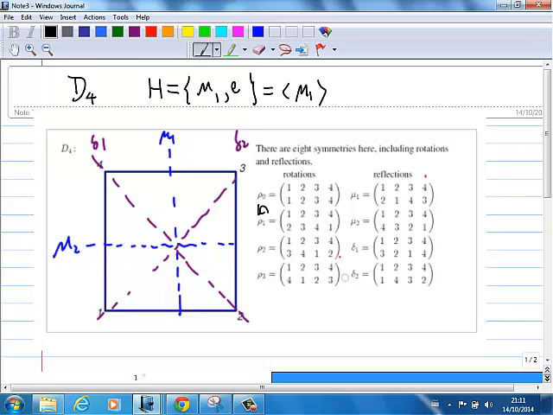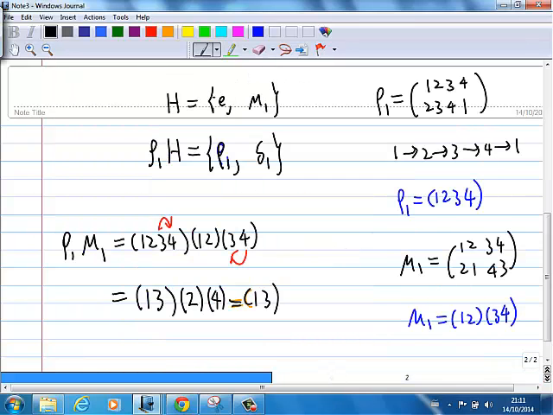Now, the question I want to ask is, is H a normal subgroup? How do you tell this is a normal subgroup? Now you check the right coset. Just now, I calculated the left coset, right? Now, let's try to calculate the right coset.